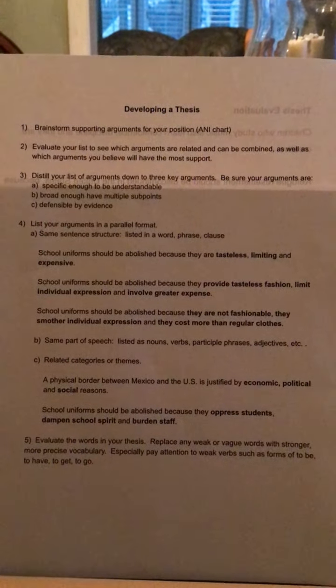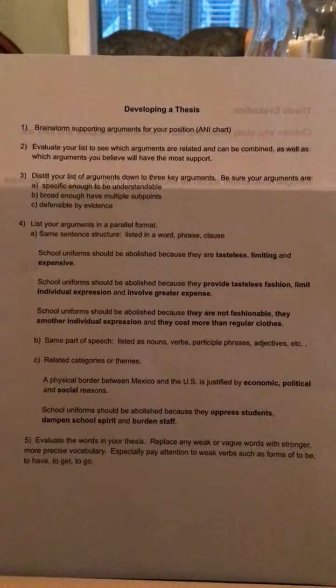So there's a common theme there. I'm sorry, it's a morbid theme, but the theme is death. And so guns cause death. That could be your big argument. And you've grouped a whole bunch of things from your Annie chart into one kind of umbrella statement.